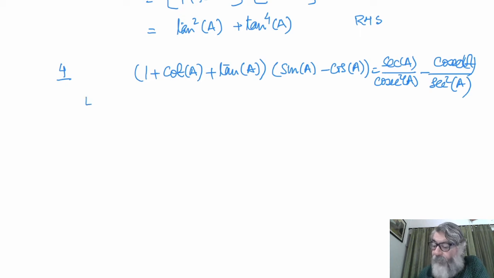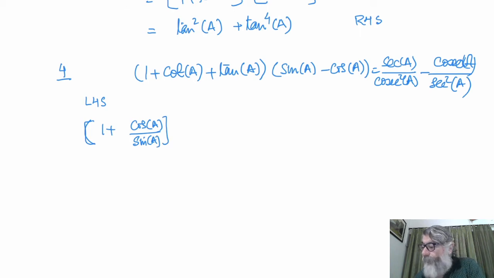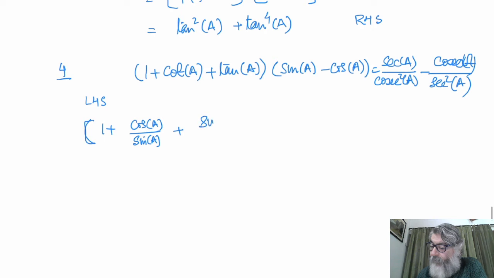Now let us start with left hand side. 1 plus cot a, so cos a upon sin a, plus tan a, means sin a upon cos a.